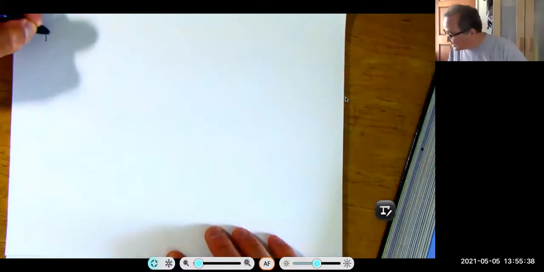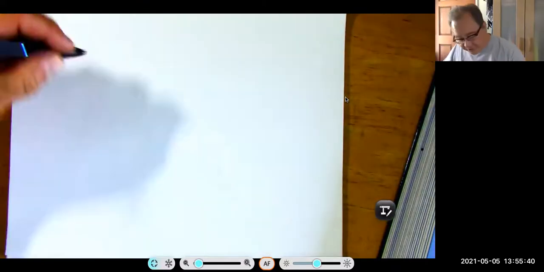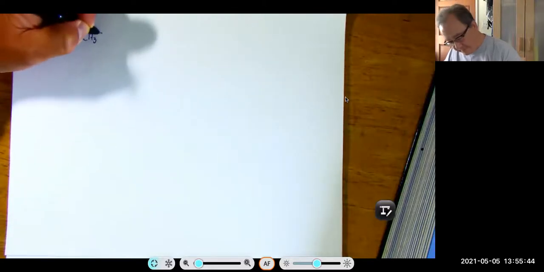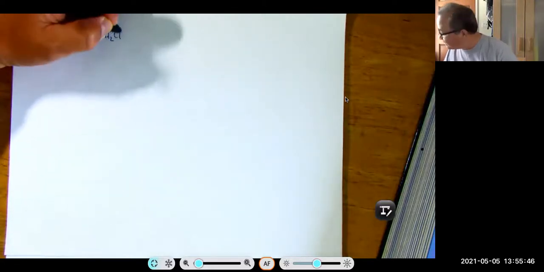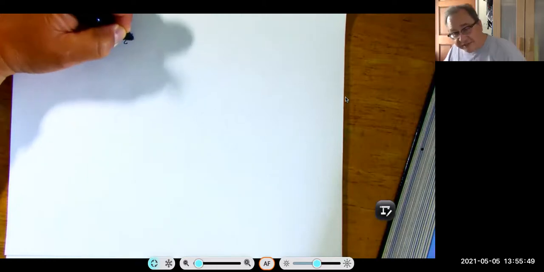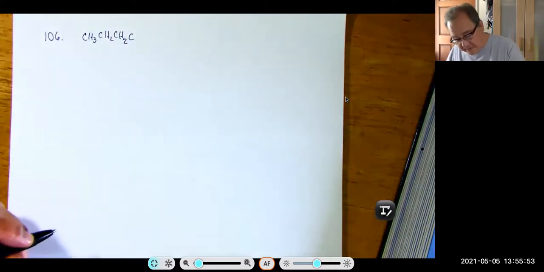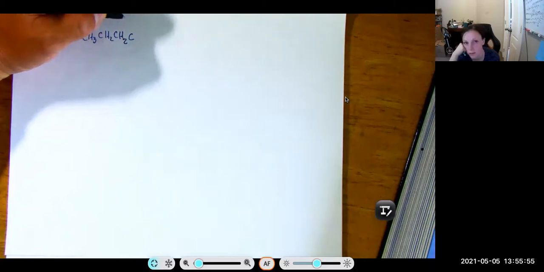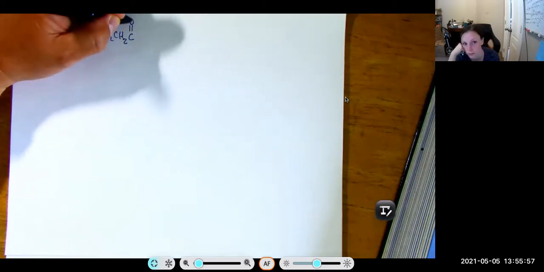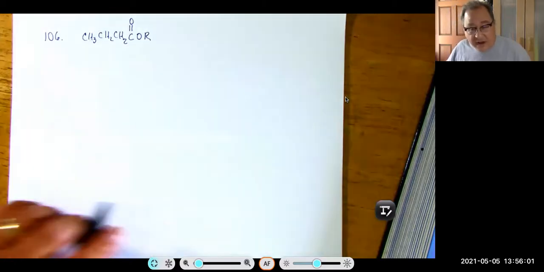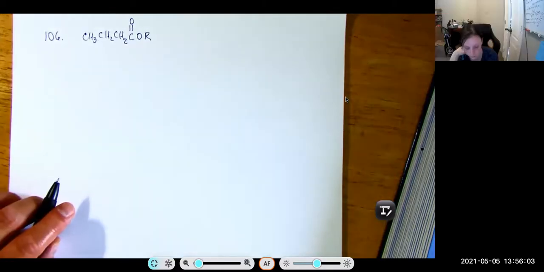So 106, you take an ester that looks like this. And you see how it says CO2R? What am I going to draw here? C double bond O, OR. R is what we're trying to figure out. Okay.